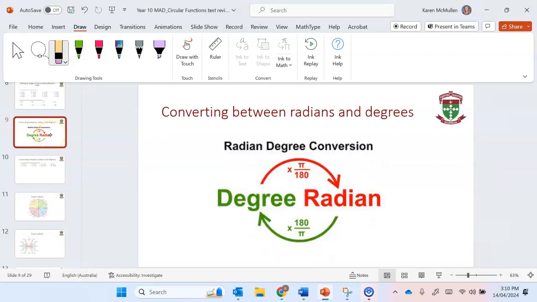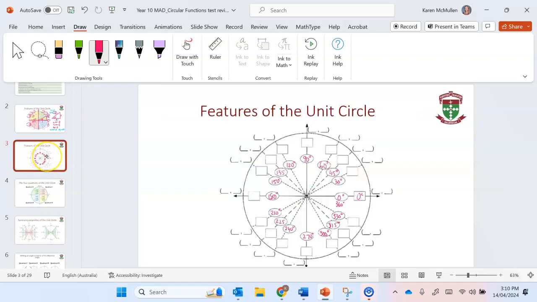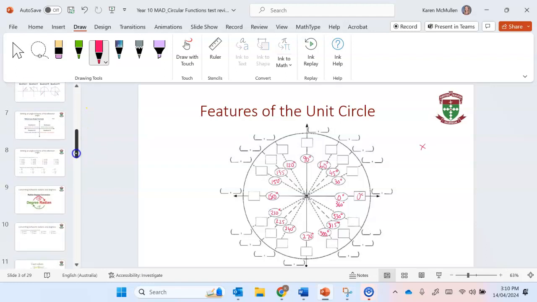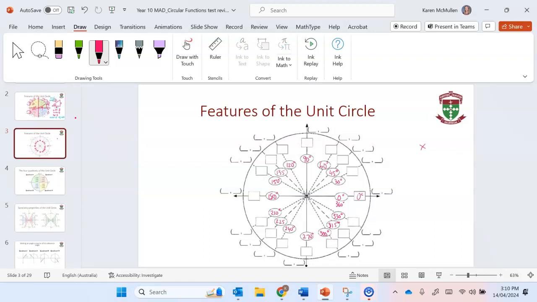We're going from degrees to radians, so we're going to be multiplying by pi on 180. So 30 degrees, I'm just going to write it here, times, silly me, can't remember what it was, pi on 180.